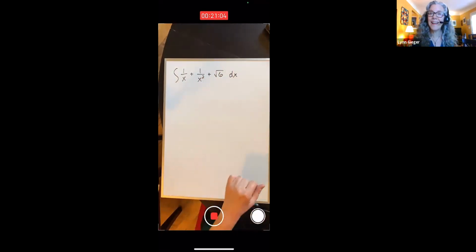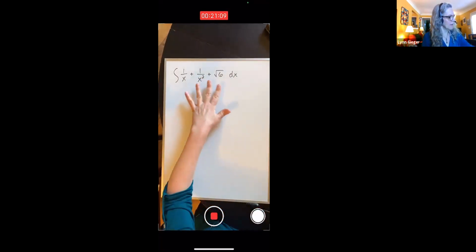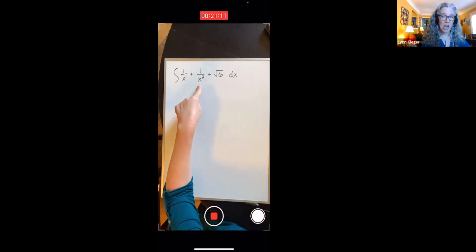We'll do this one as an indefinite integral. Now, this piece right here is definitely not ready to do a power rule for anti-differentiation.